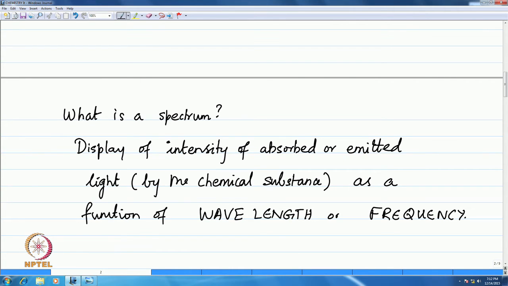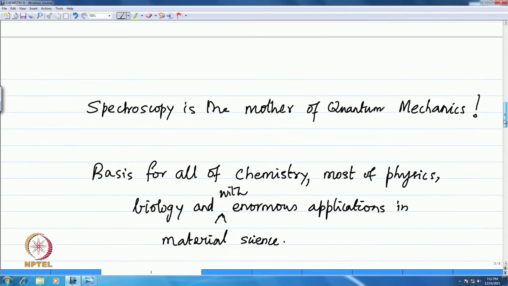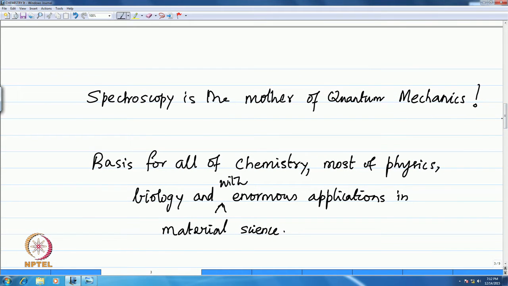Now, spectroscopy can be both qualitative and quantitative. From purely experimental point of view, spectroscopy is the mother of quantum mechanics. Okay? And it's also the basis for all of chemistry, most of physics, biology, and also has enormous applications in material science.